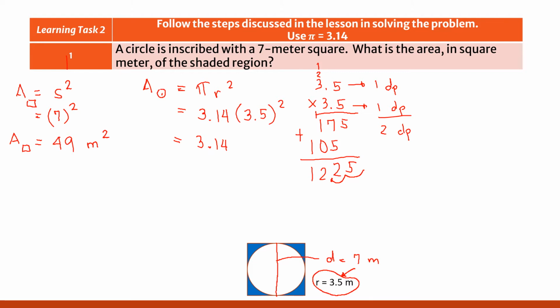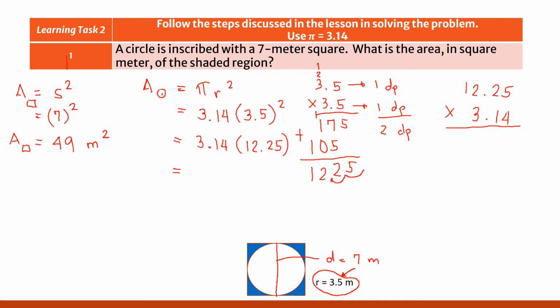Meaning to say, 3.5 squared is equivalent to 12.25. So our new problem is 3.14 times 12.25. Yun naman ang ating i-multiply. 12.25 times 3.14.